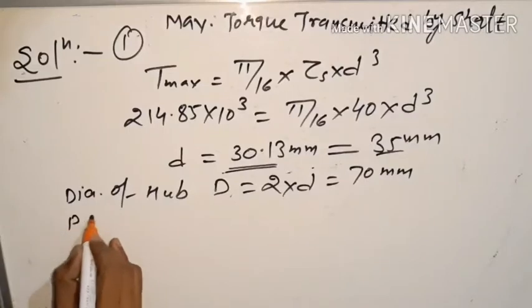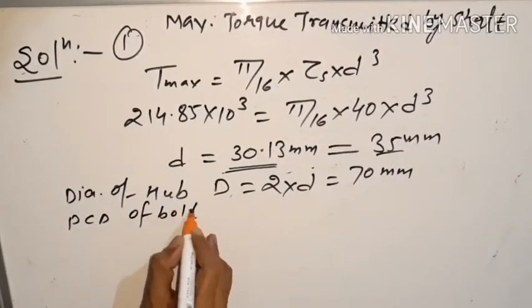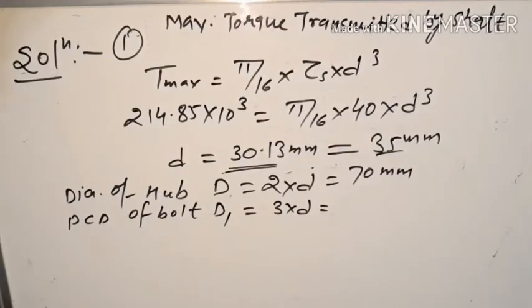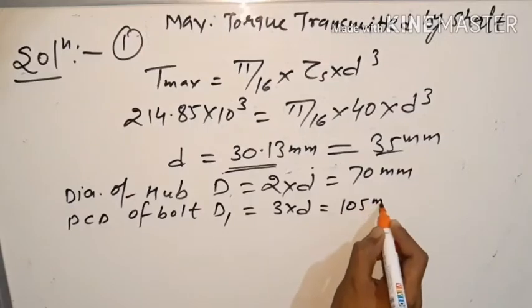The pitch circle diameter of the bolt, d1, is equal to 3 into d, so it is 105 mm.